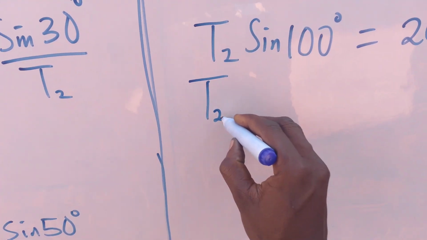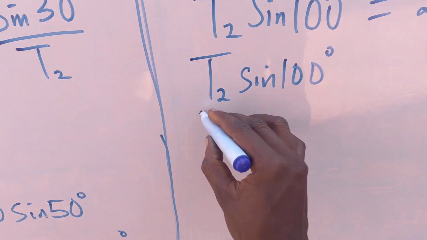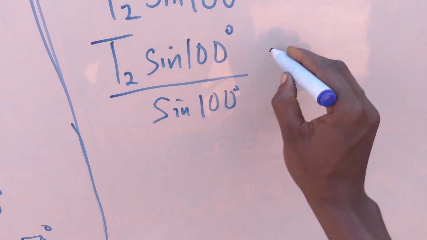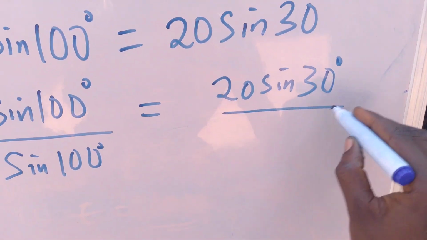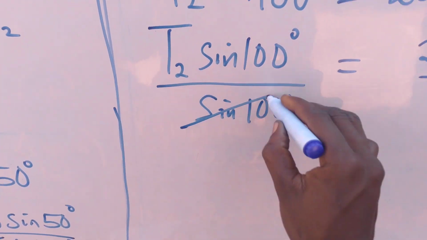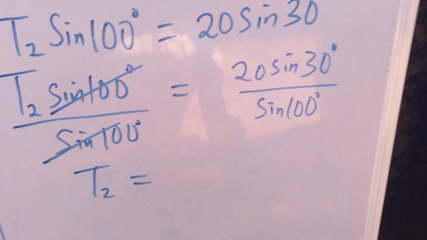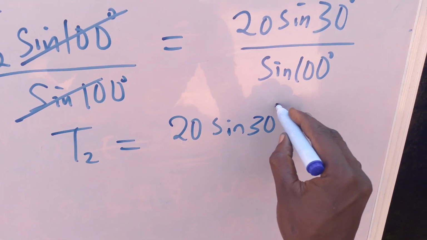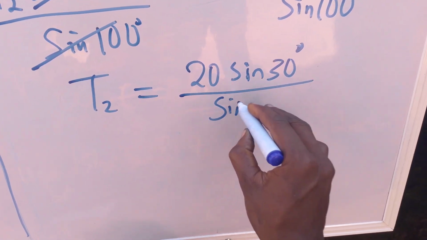So T2 sine 100 divided by sine 100 equals 20 sine 30 divided by sine 100. This will eliminate sine 100, and T2 will be equal to 20 sine 30 degrees divided by sine 100.